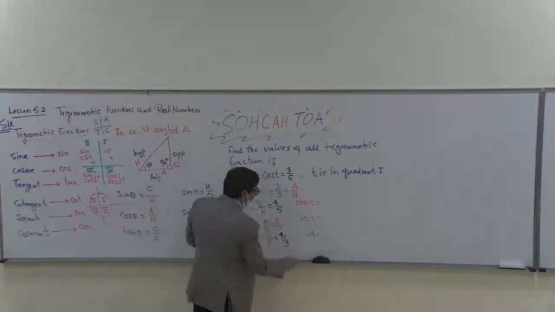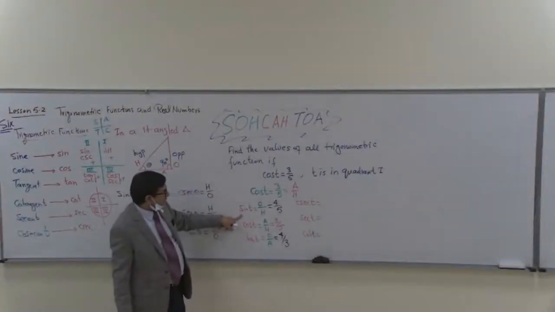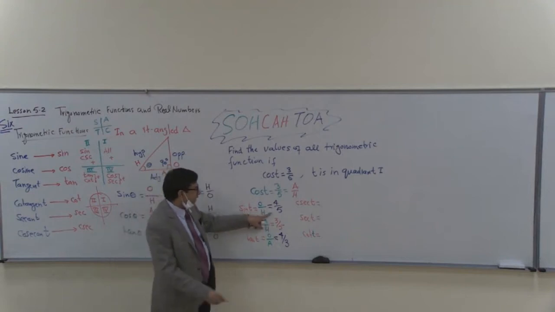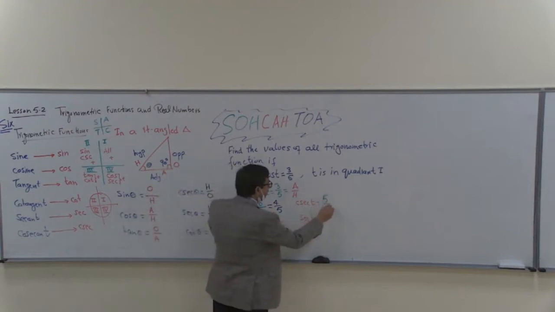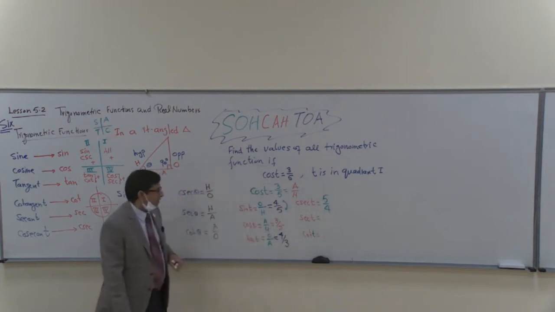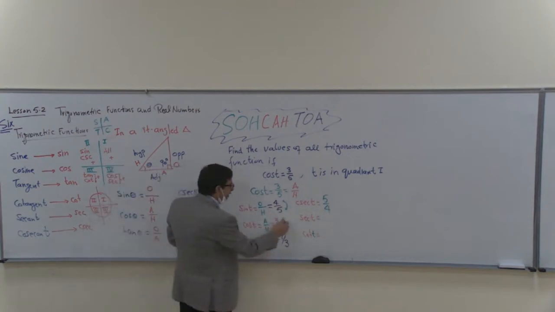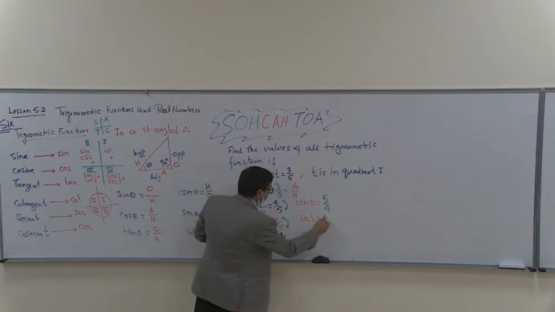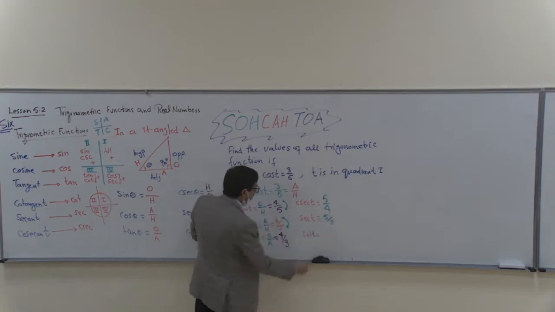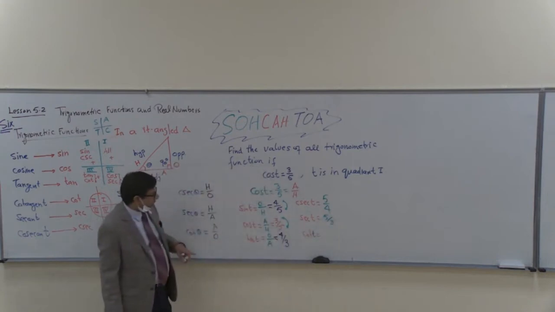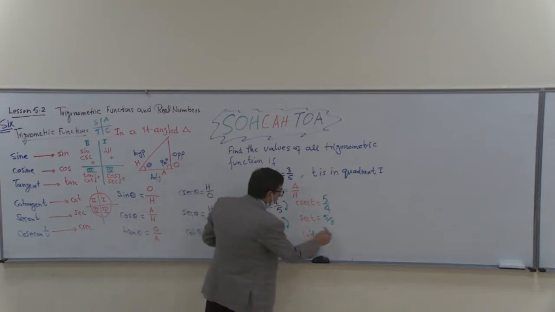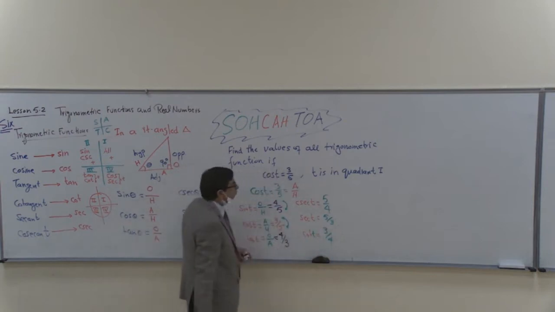T should be there, yes. Cosecant is the reciprocal of this one. So what is the answer of this one? 5 over, just flip these numbers. And same do over here, 5 over 3. And what about the other? 3 over 4.